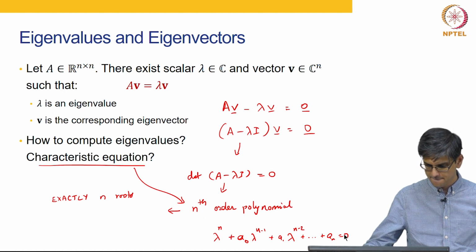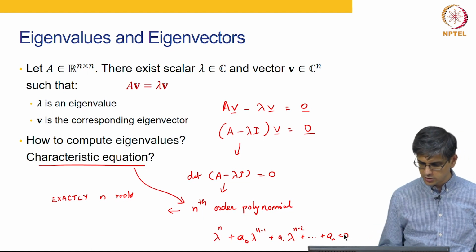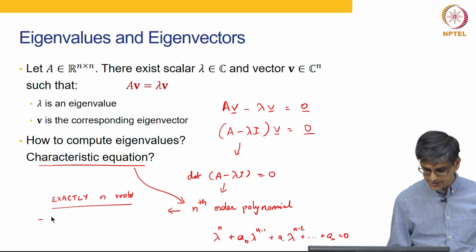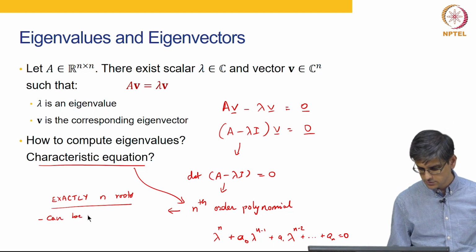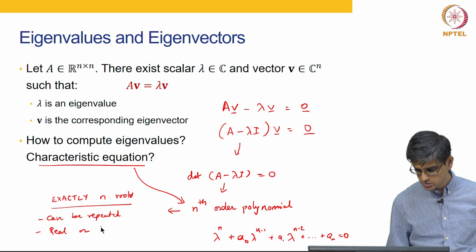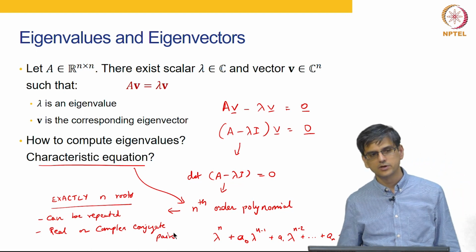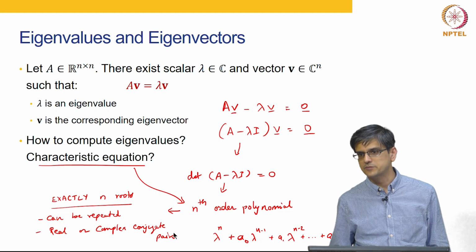Because it is an nth order polynomial, it has exactly n roots. The roots can be repeated, they can be real or complex conjugate pairs. All of these are possible.